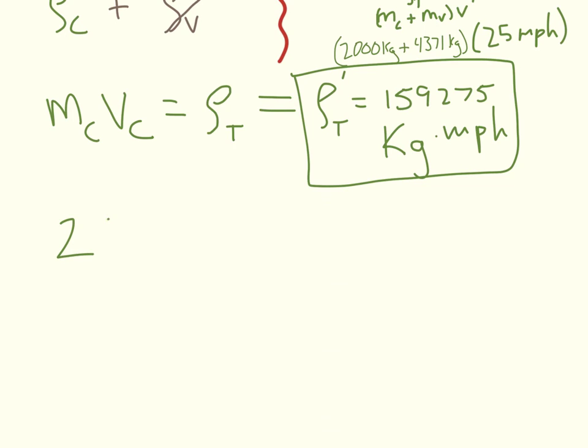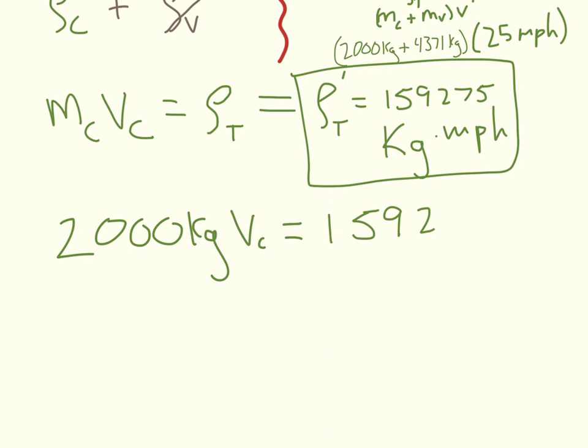So mass of the car, 2,000 kilograms, times the velocity of the car, which is what we're trying to find, is going to be equal to the total momentum of the system before and the total momentum of the system after. So in this case, that is 159,275 kilograms times miles per hour.